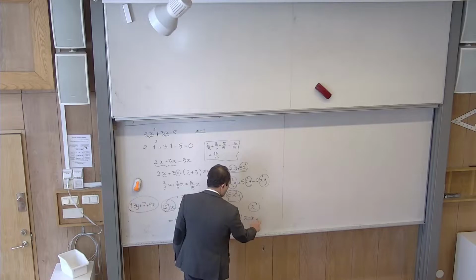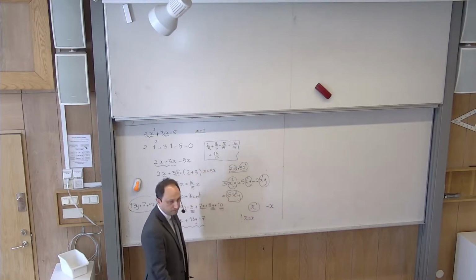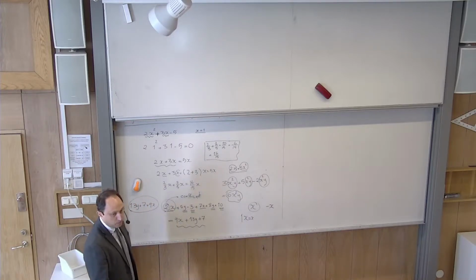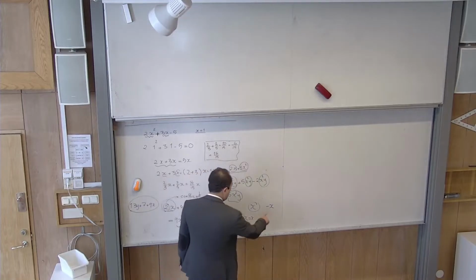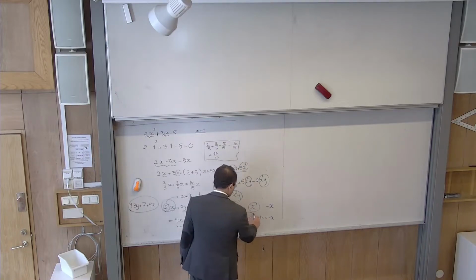And one more thing, if you see minus x, what does it mean? What is the coefficient of minus x? -1, because minus x can be viewed as -1 multiplied by x. So that is also good to know.